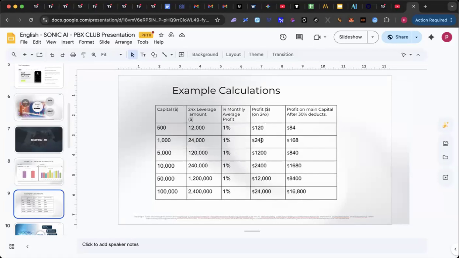That'll be 120, 240. For 5,000 it should be 1,200. It's more than that, because I have a $5,000 account that last month made $1,500. So if you take out 30% of it, it was giving about $1,070 or thereabouts. So that means with a $5,000 account, I can be making an average of 1,000 every month without lifting my fingers.